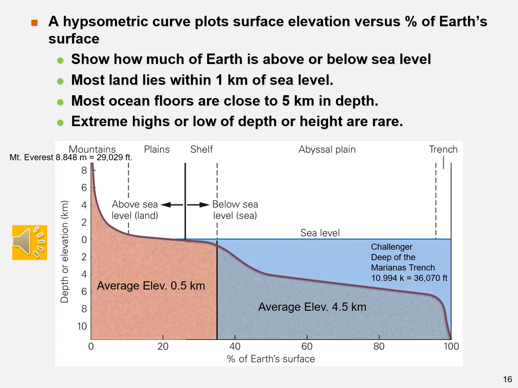In fact, most of the land surface lies within just a kilometer of sea level, and most of the sea floor lies between 4 and 5 kilometers deep. Consequently, changes in sea level of tens to a couple of hundred meters would dramatically change the area of dry land.